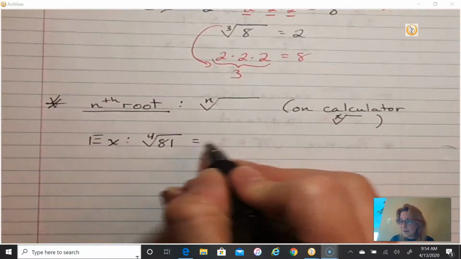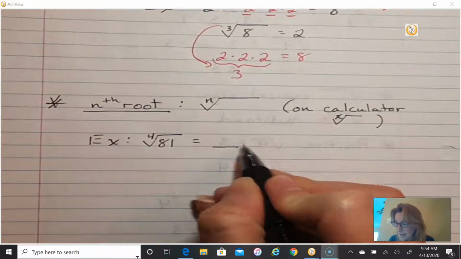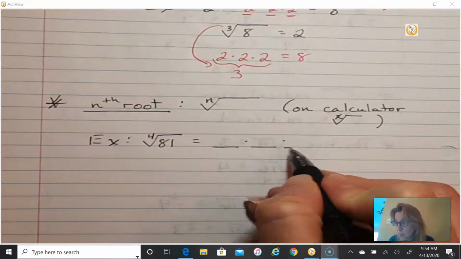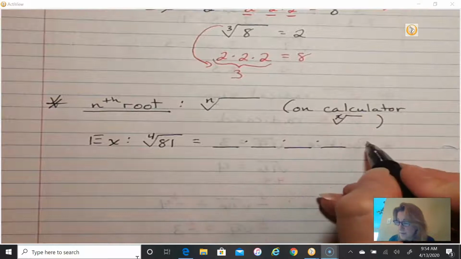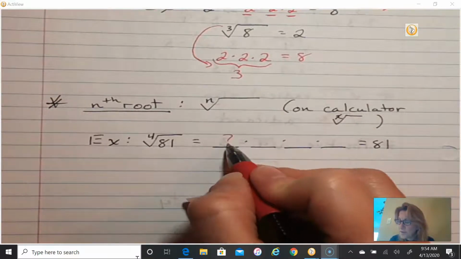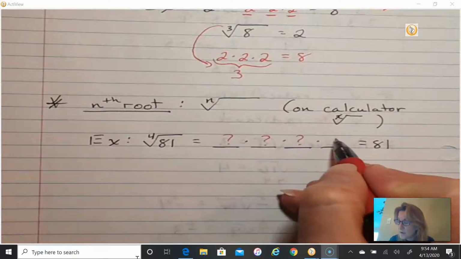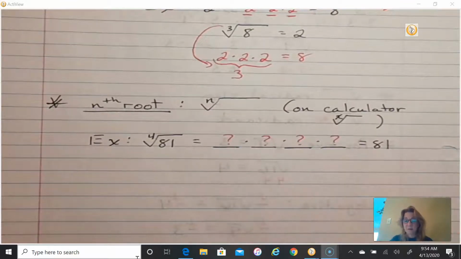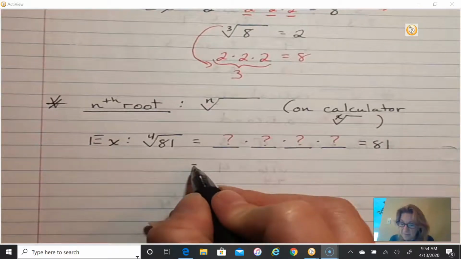So what that's saying is what number times itself 4 times gives us 81? See, this is where it gets hard. You got to start playing around with numbers. All right, it's 3.